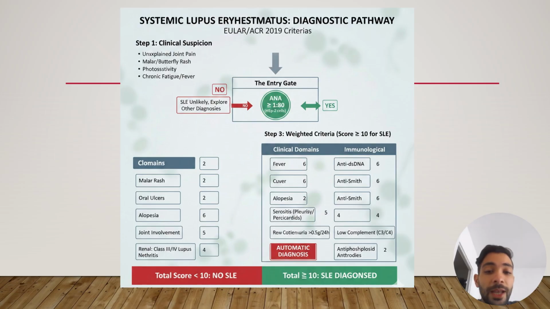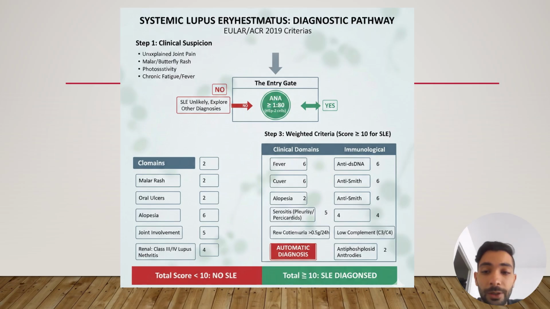So, the diagnostic pathway. To begin with, diagnosing systemic lupus erythematosus is notoriously difficult because it is known as the great imitator. Its symptoms often overlap with many other autoimmune and infectious diseases. To bring clarity to this process, we follow the 2019 EULAR/ACR classification criteria.